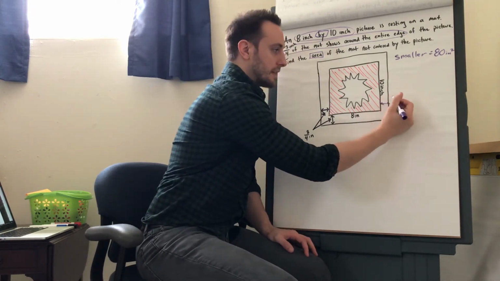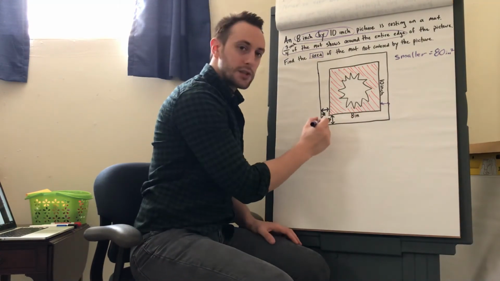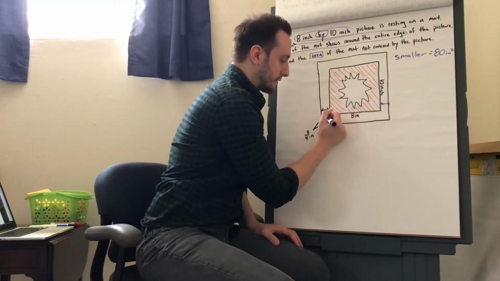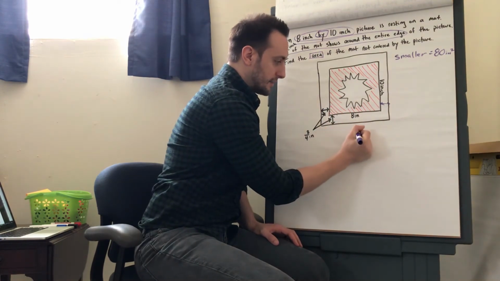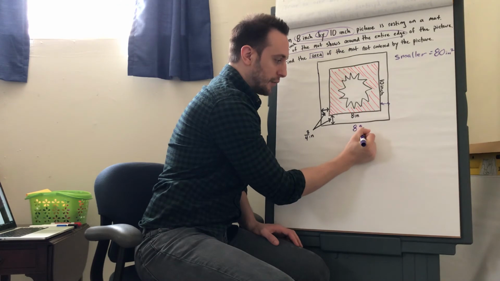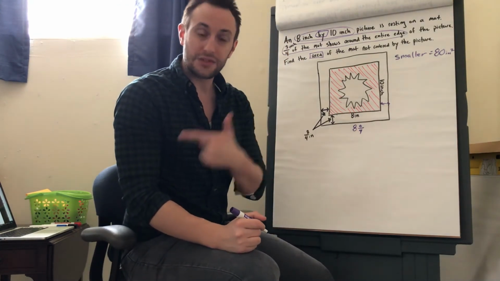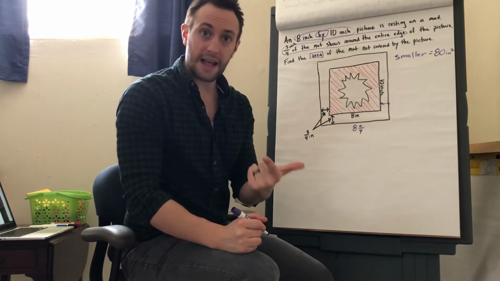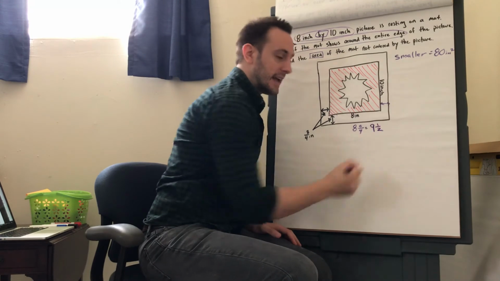Okay, so I know that the outside is 6/4, but then I still have this 8. So then I essentially have 8 and 6/4. So from here to here is going to be 8 and 6/4. But what is 6/4? It's 1 and 2/4, or 1 1/2. So it's really 9 and 1/2.